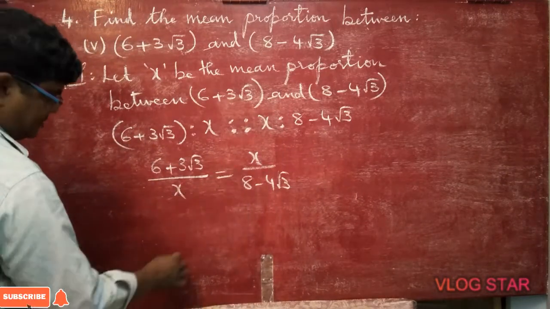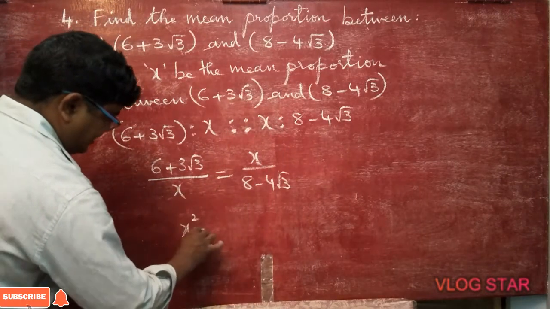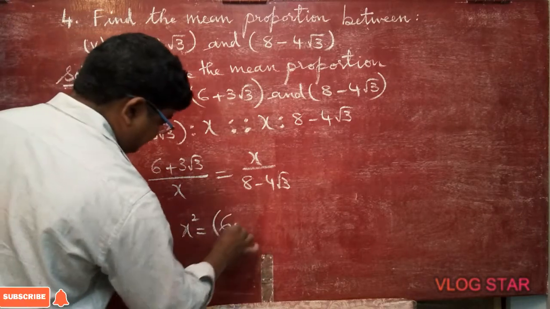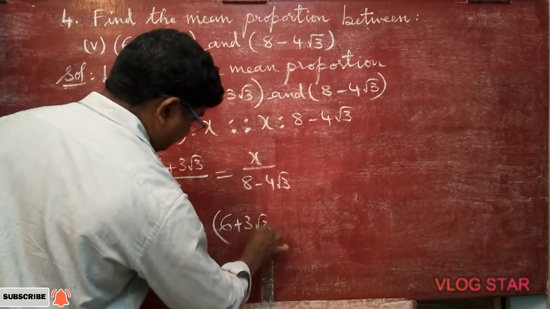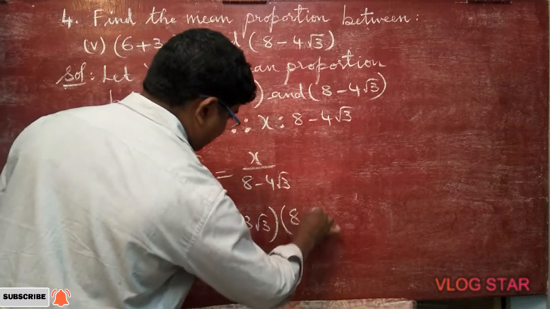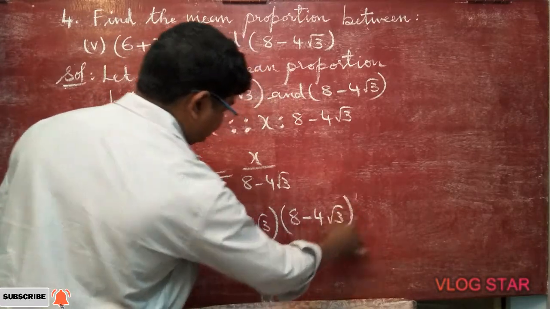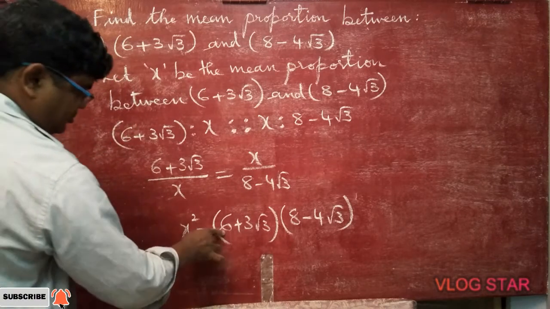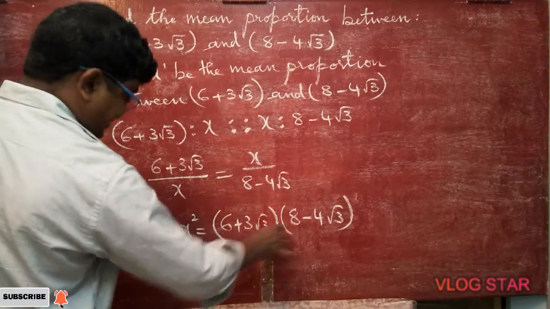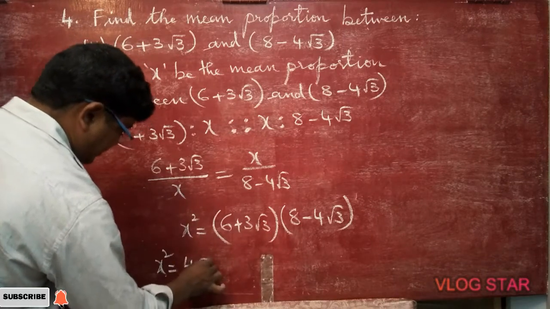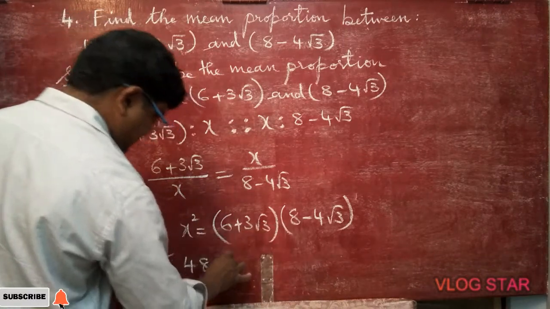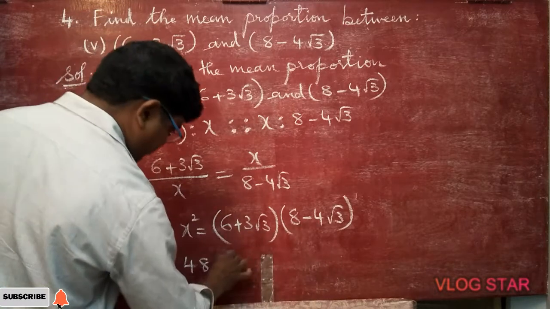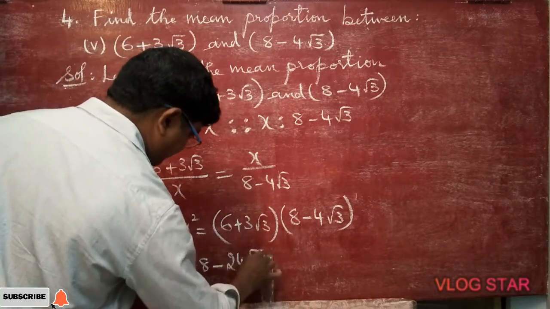Same way you will get x square is equal to 6 plus 3 root 3 into 8 minus 4 root 3. So x square is equal to, multiply. First you multiply with 6. 6 8s are 48. Plus into minus, minus 6 4s are 24 root 3.